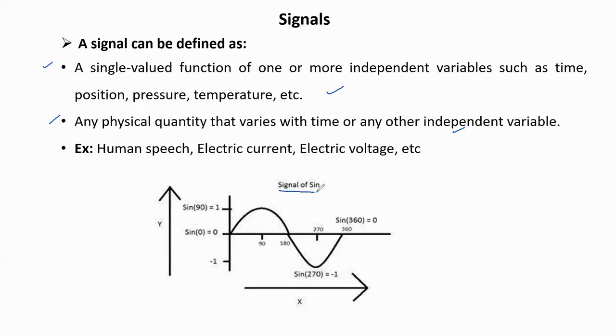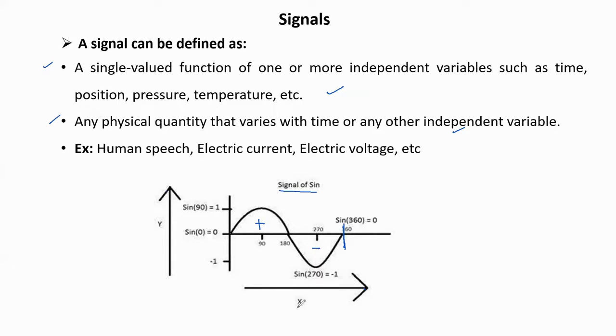This is a sinusoidal signal, always having a positive half cycle and a negative half cycle during one complete cycle. Now, let us describe the shape of the signal. Any signal has the independent variable on the x-axis and the amplitude or value on the y-axis. For this sinusoidal signal, the x values are 0, 90, 180, 270, 360.